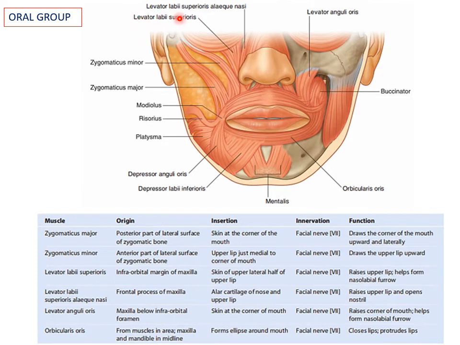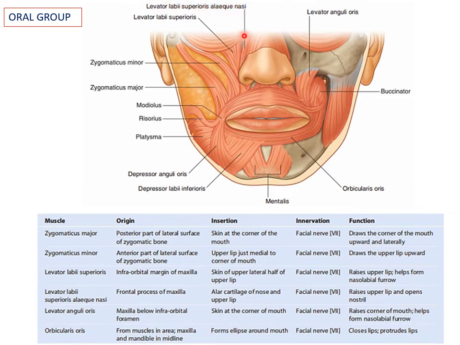So the levator labii superioris raises the upper lip and helps in the formation of the nasolabial furrow. The next muscle is the levator labii superioris alaeque nasi.